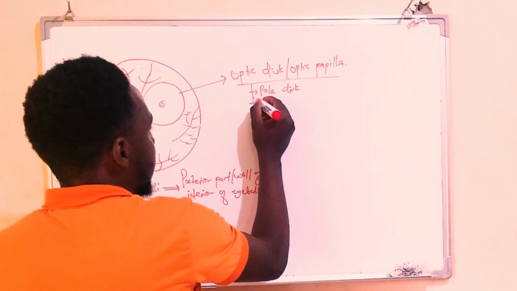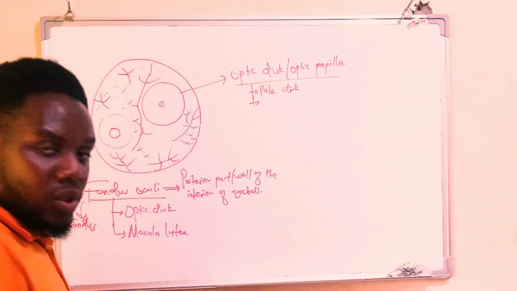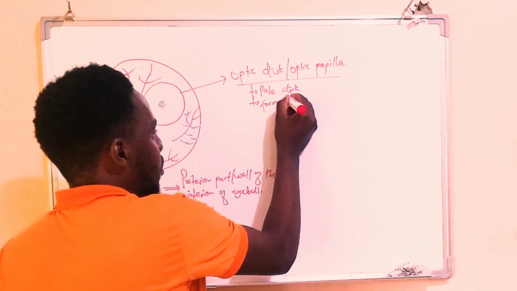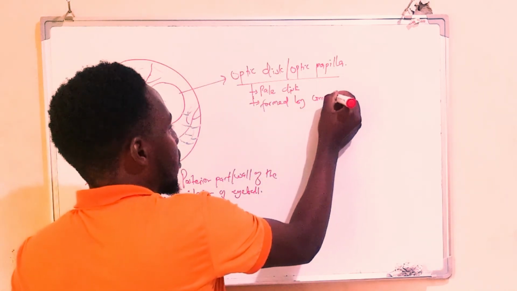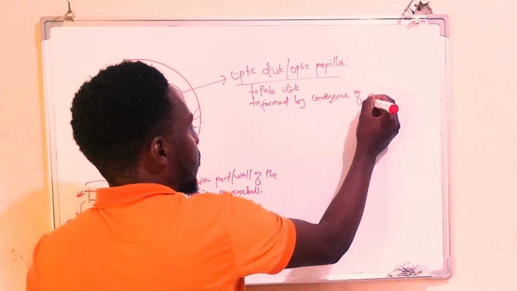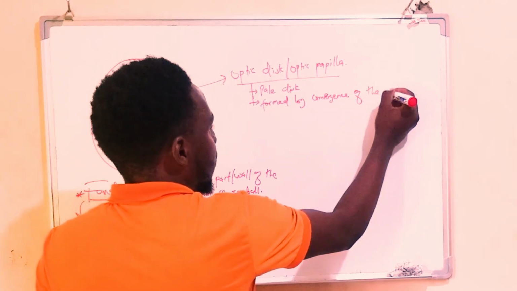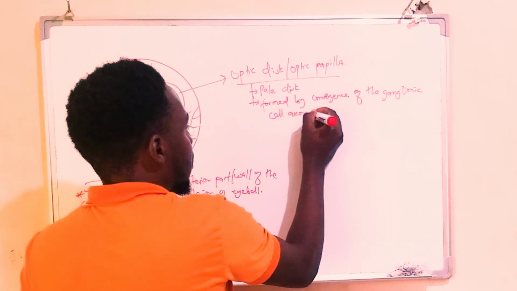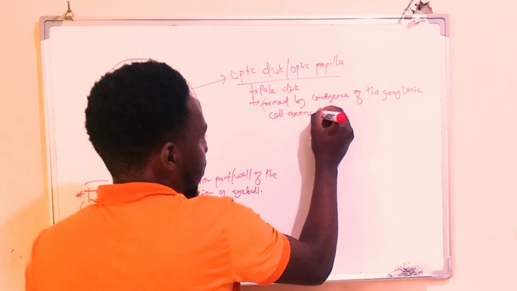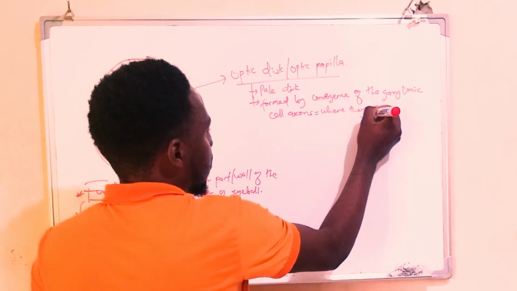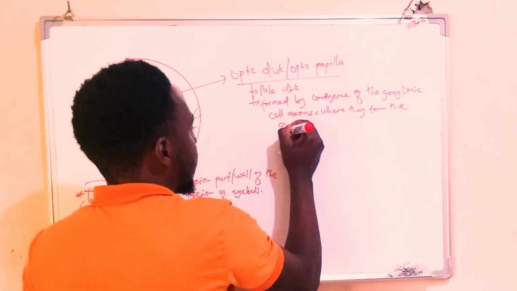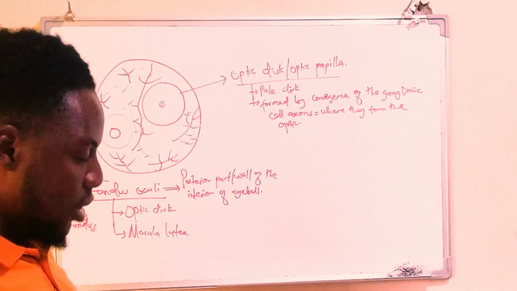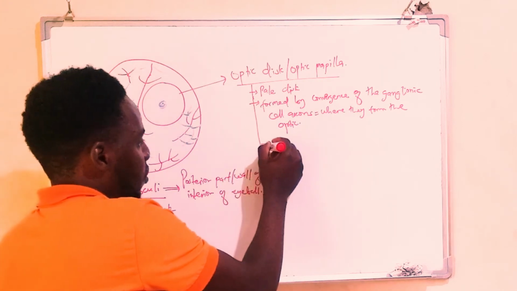It's present on the medial aspect of the posterior wall, and it is formed by the convergence, a coming together, of the ganglionic cell axons, where they form the optic nerve. So where you're going to find the formation of the optic nerve, that's where the optic disc is. It is also known as the blind spot.